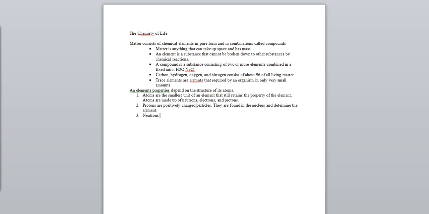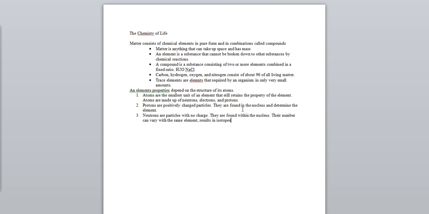Neutrons are particles with no charge whatsoever. They're neutral. They are found within the nucleus. Their number can vary with the same element, which results in isotopes.